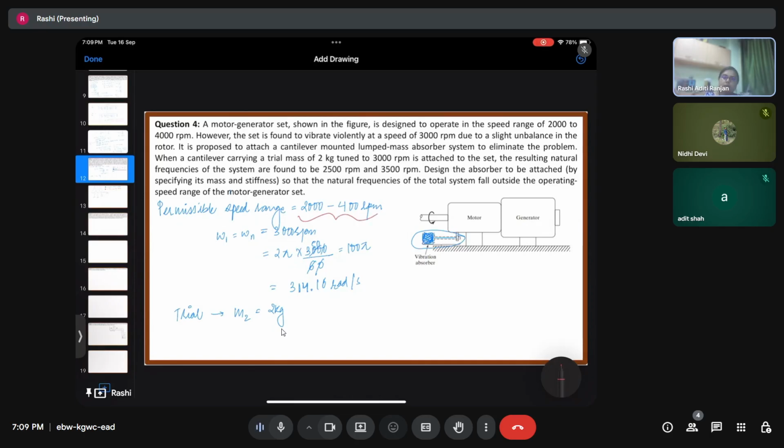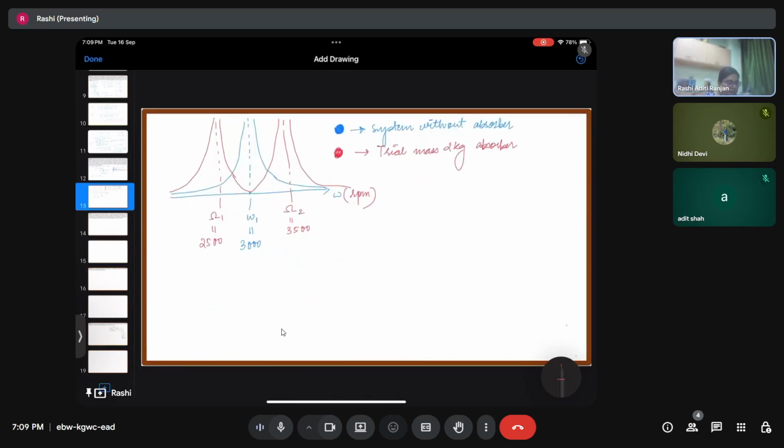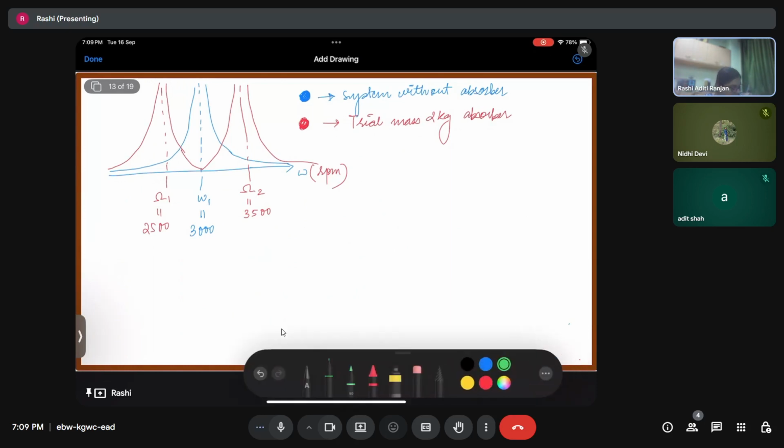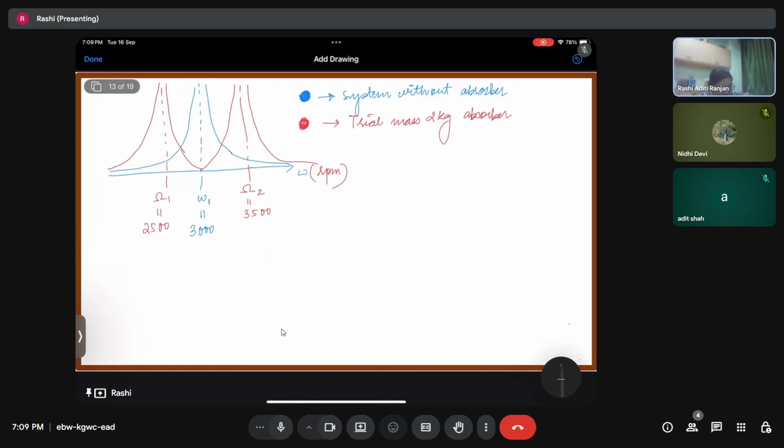After introducing a trial mass of 2 kg, the one natural frequency got converted into two natural frequencies, which turned out to be 2500 and 3500. However, our operating range was 2000 to 4000, right? This is the operating range.